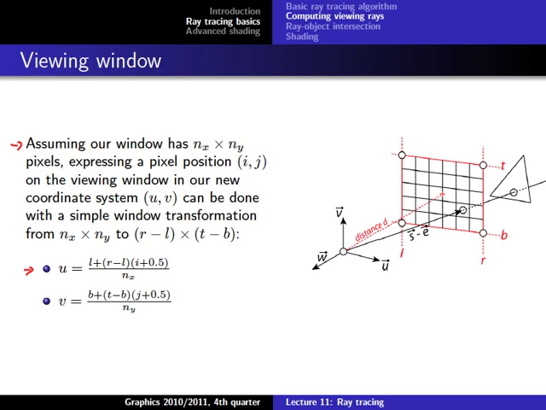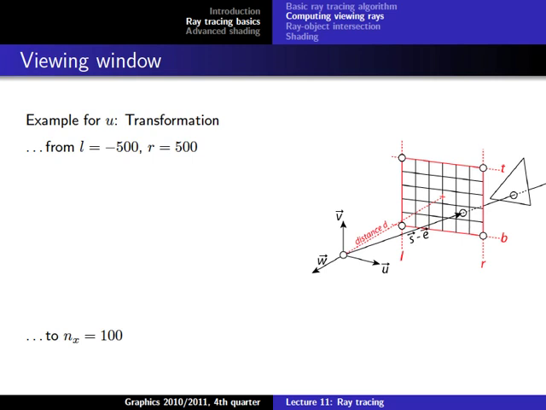Anyway, so example. This is how we do the mapping from nx and ny to the viewing window. Just a simple example. Let's assume our left side is minus 500 and the right side is 500, and we want to map a window of size 100 to it. This is just for the x-axis; for the y-axis it goes in the same way.